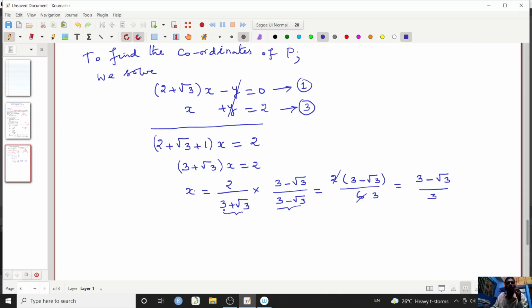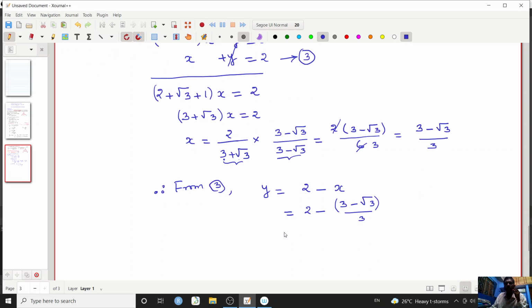Similarly, let us substitute the value of x in equation 3 to get the value of y. From 3, we see that y is equal to 2 minus x, and x we have just found: 2 minus (3 - root 3)/3.